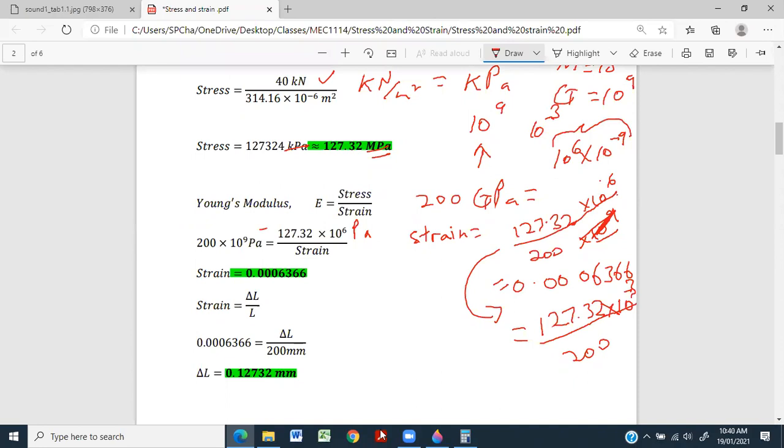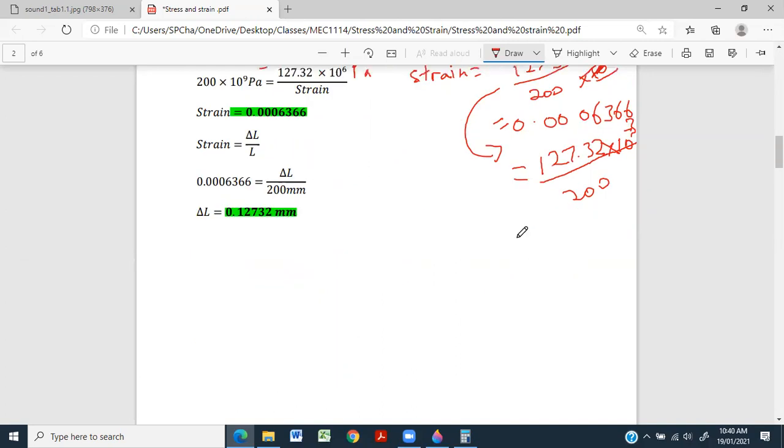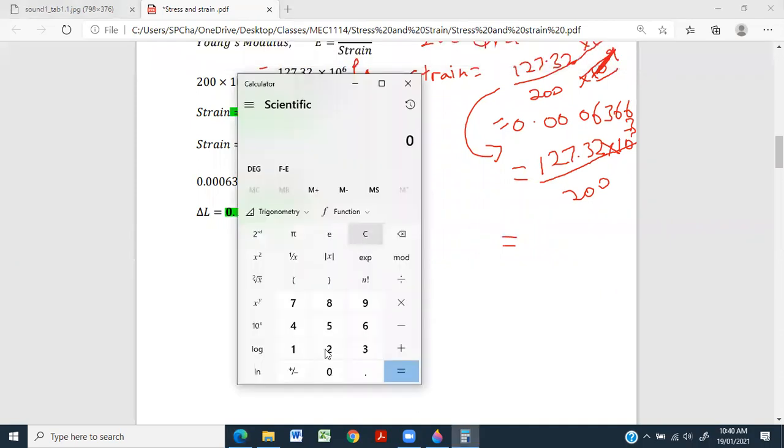So let's put that into our calculator real quick. So this here is equal to 127.32 divided by 200, right?